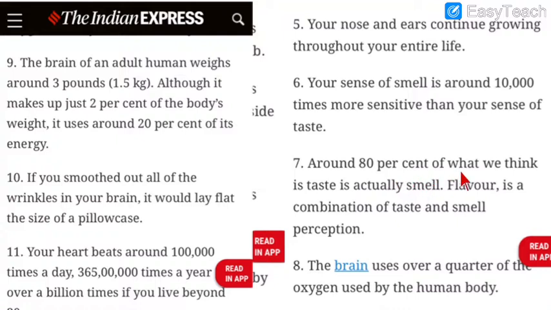Next, around 80% of what we think is taste is actually smell. So what we eat and think, oh, it is tasty, 80% of that is only smell. So flavor is a combination of taste and smell in perception.